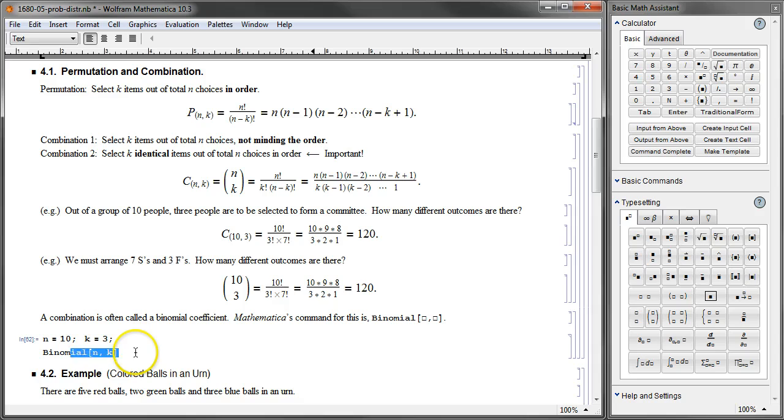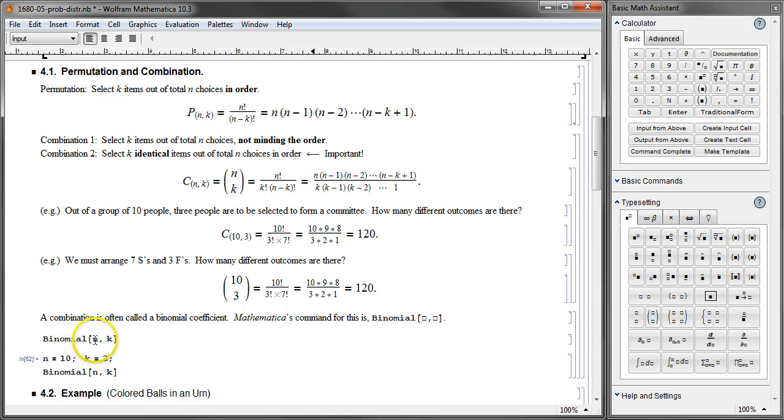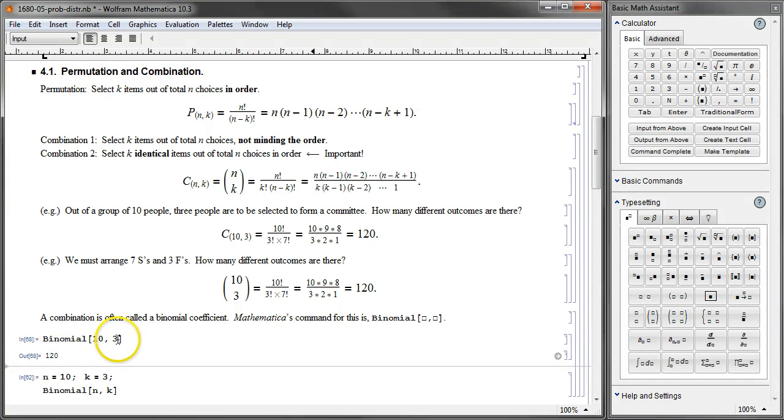In Mathematica command, we can calculate it as binomial n choose k, kind of like this. Binomial 10 choose 3, binomial 10 choose 4, and binomial 10 choose 5, things like that.